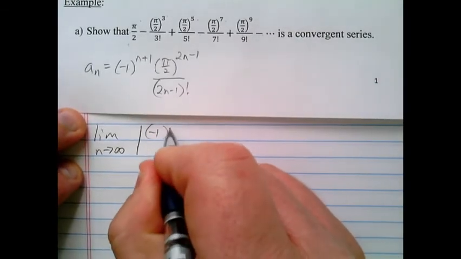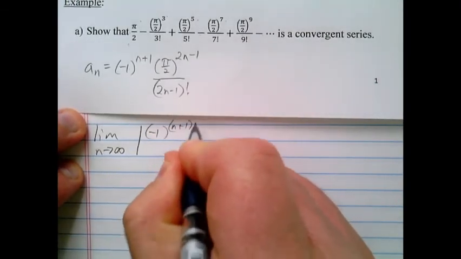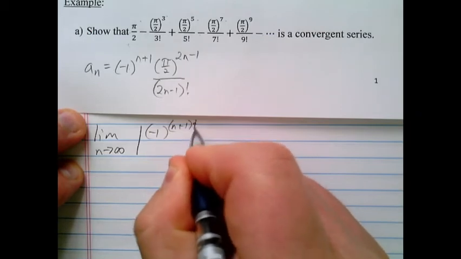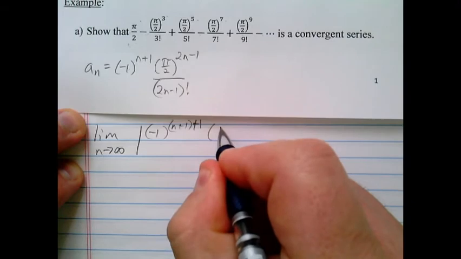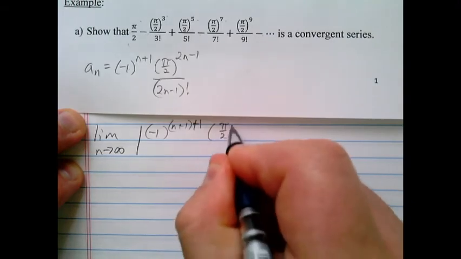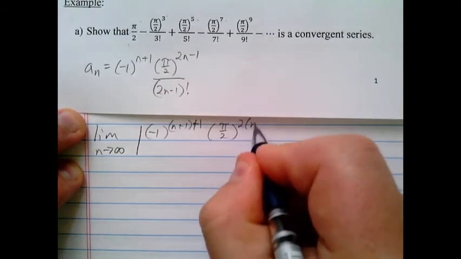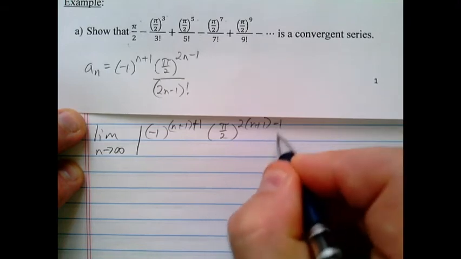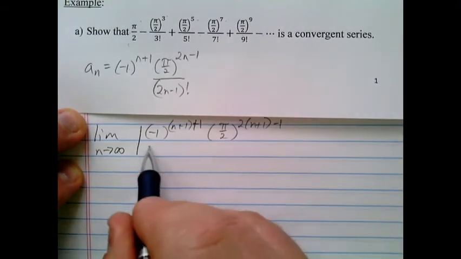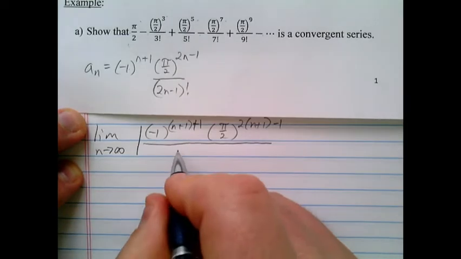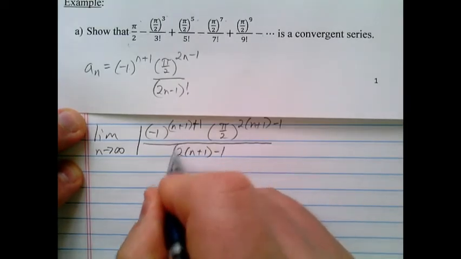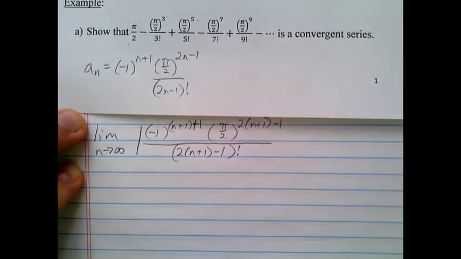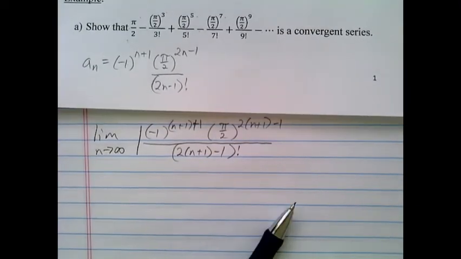So (-1) to the n plus 1 plus 1, times pi over 2 to the 2n plus 1 and then minus 1, all over 2n plus 1 minus 1 factorial. Alright, that's my n plus 1 term.